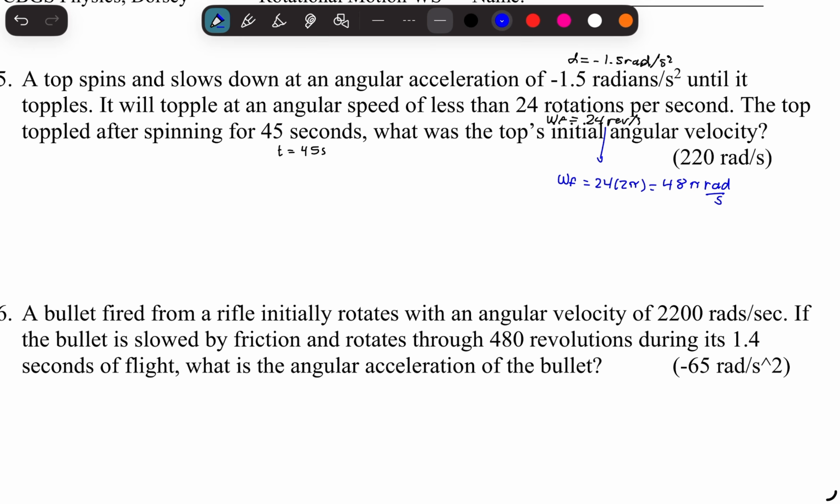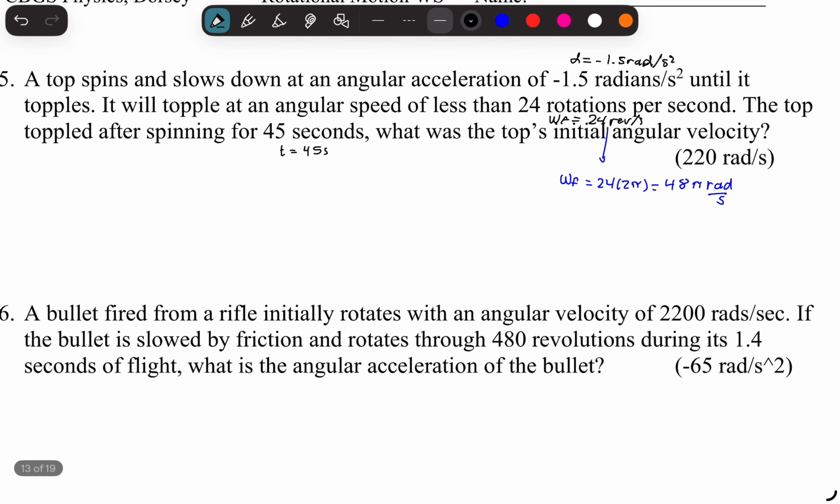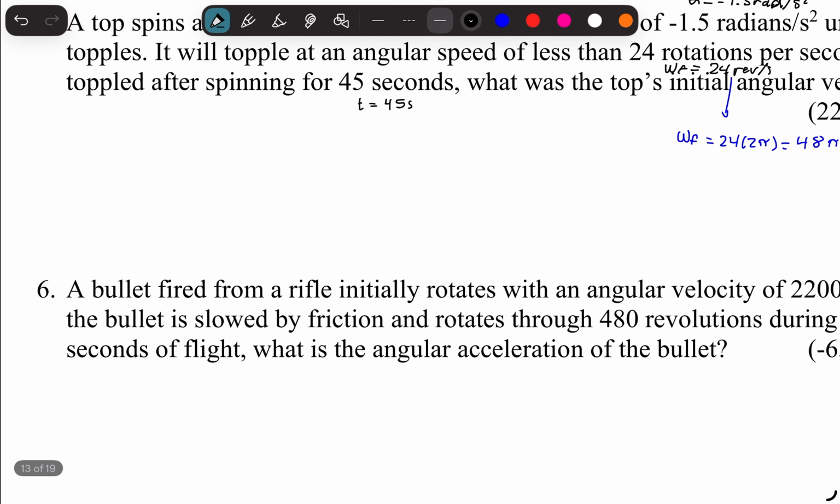Now we have to use the right kinematics equation. Again, what do we have? We have our angular velocity final, our angular acceleration, and our time. So the kinematics equation that we should choose is angular velocity final is equal to angular velocity initial plus our angular acceleration times time.